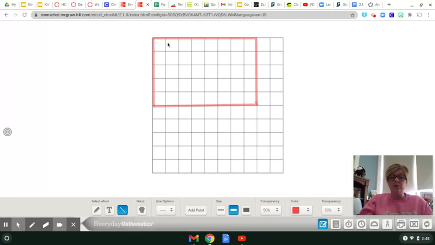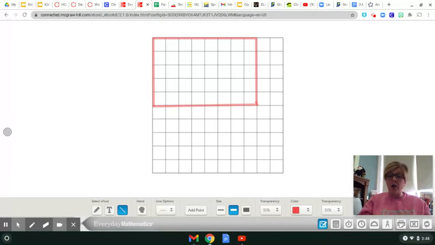I can also add 8 plus another 8 plus another 8 plus another 8 plus another 8. That's a little harder. I think the easiest thing to do would be to multiply 8 times 5. So I'm going to count by fives 8 times. 5, 10, 15, 20, 25, 30, 35, 40.